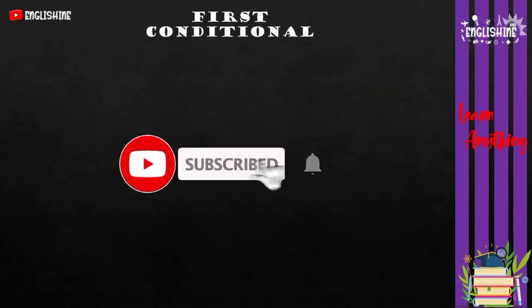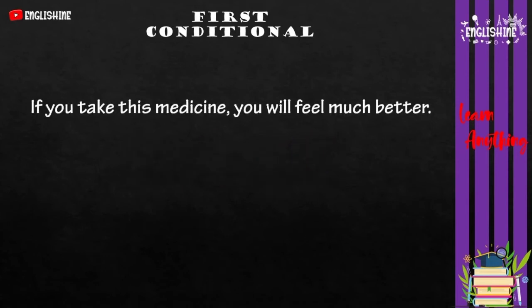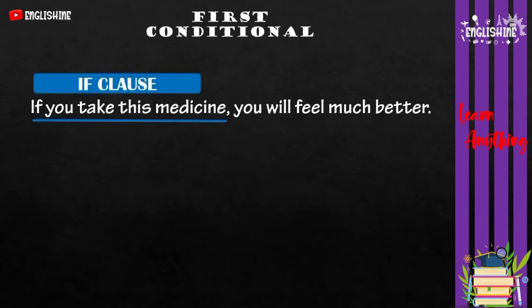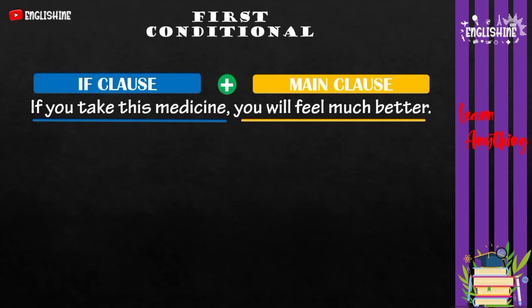Let's change the order of the example sentence we have already seen. If you take this medicine, you will feel much better. If you take this medicine is the if clause. You will feel much better is the main clause, using a comma after the word medicine.